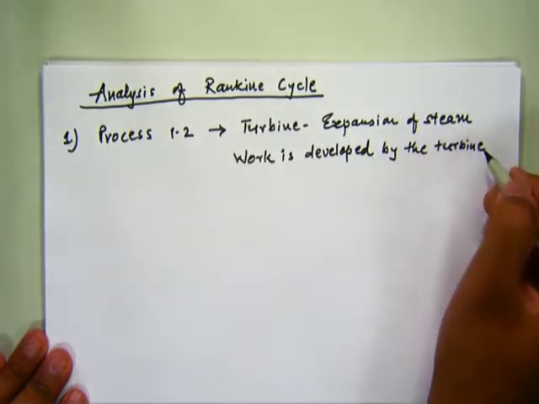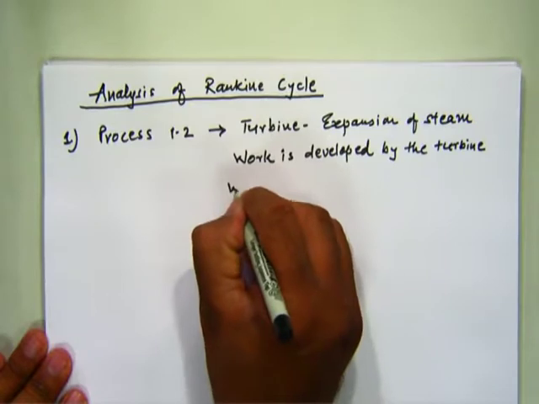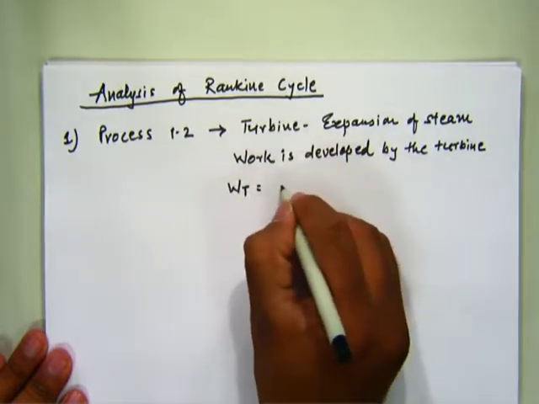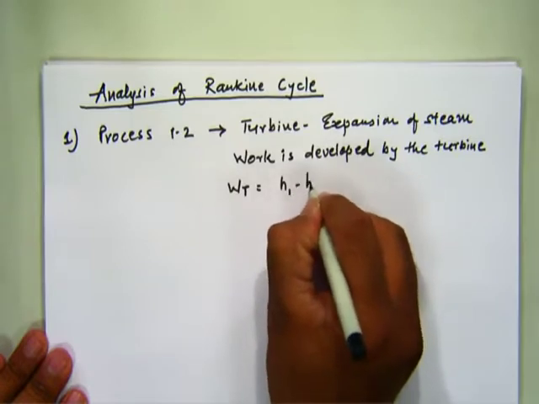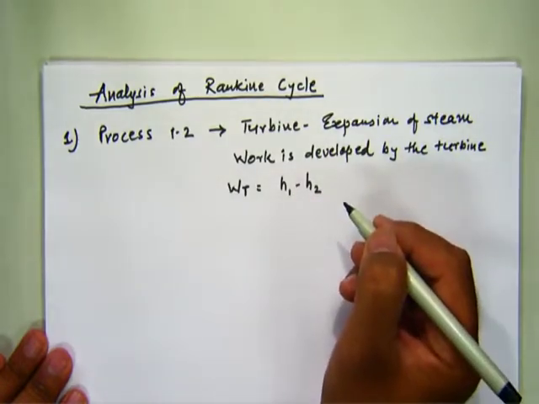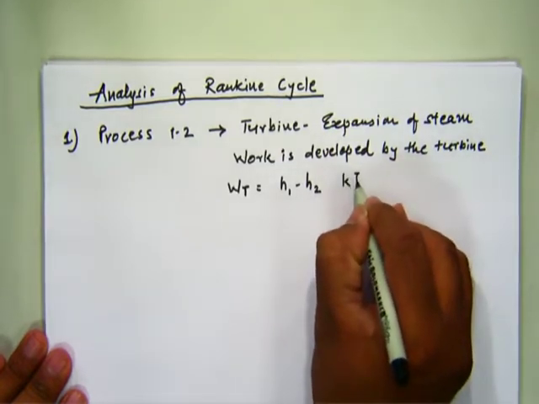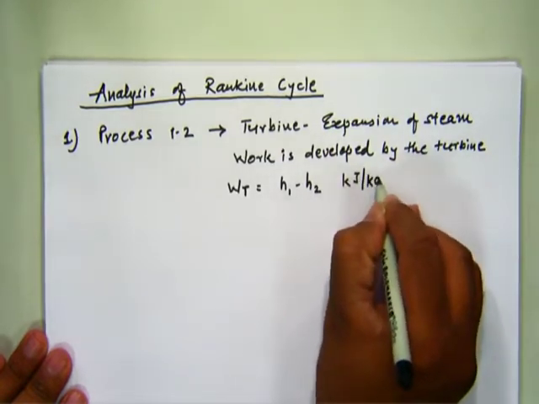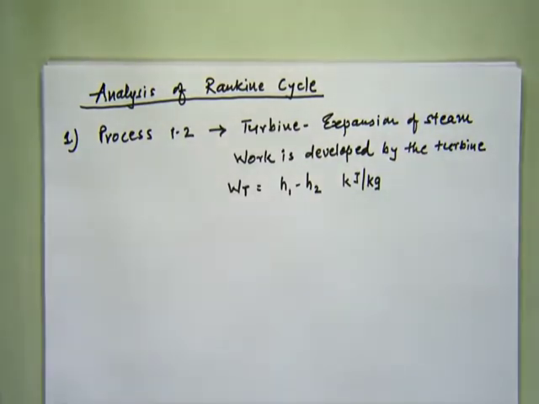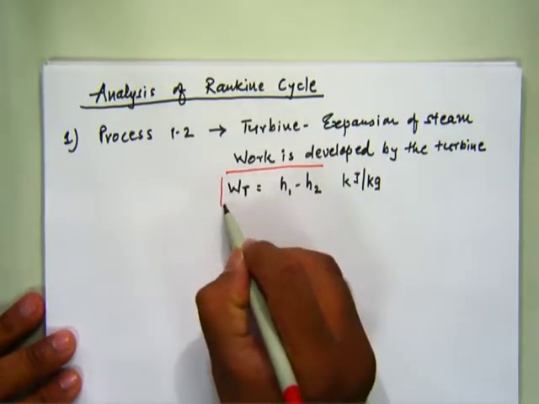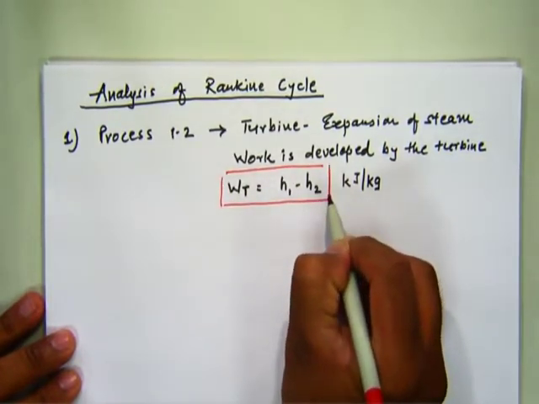Let us say it is WT. So WT is nothing but H1 minus H2 kilojoule per kg. This is the turbine work developed.